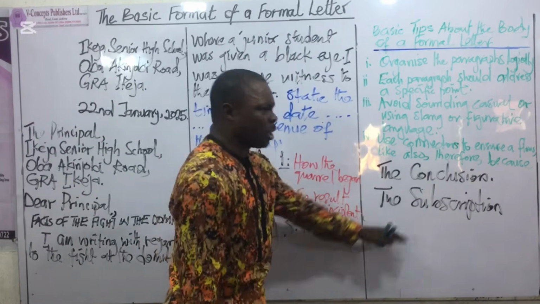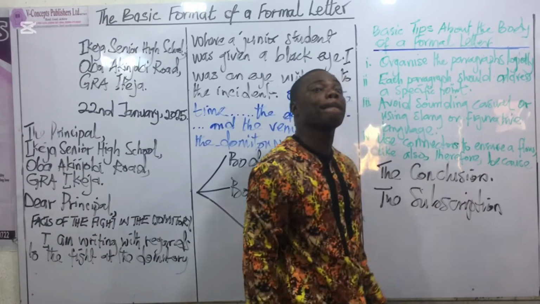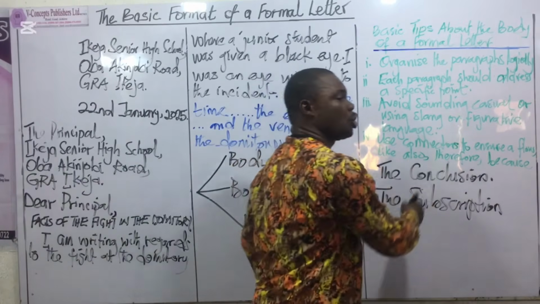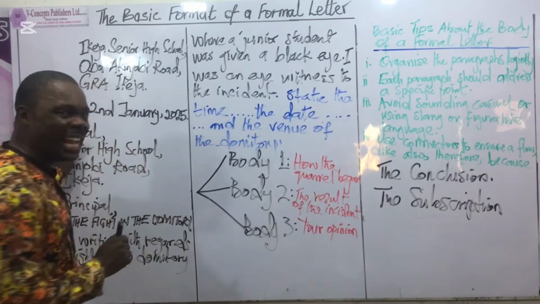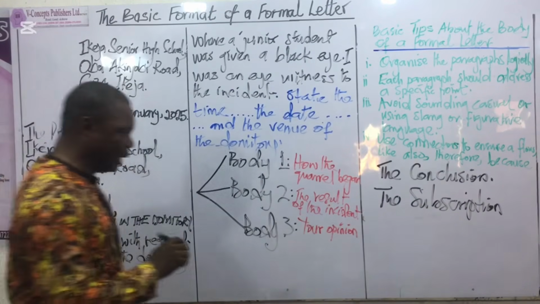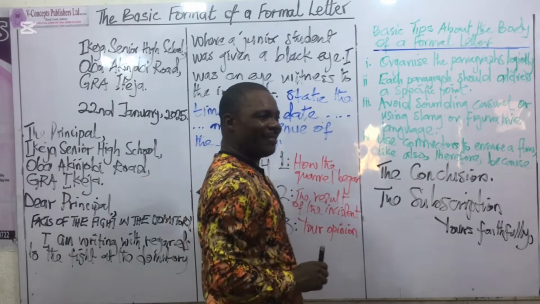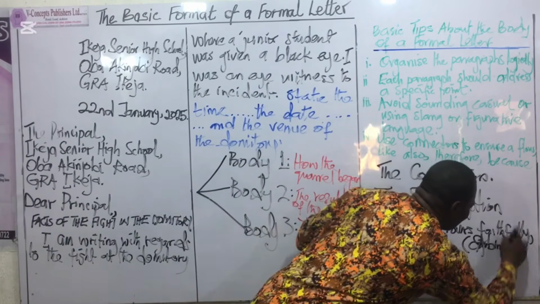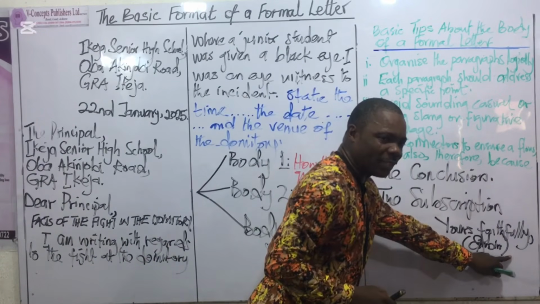Under the subscription, you go to the bottom left hand corner, and then you write Yours faithfully. Because you did not use the name of the principal. Remember, I explained that at the beginning. So you write Yours faithfully, comma, then you sign. No comma, no full stop after your signature.